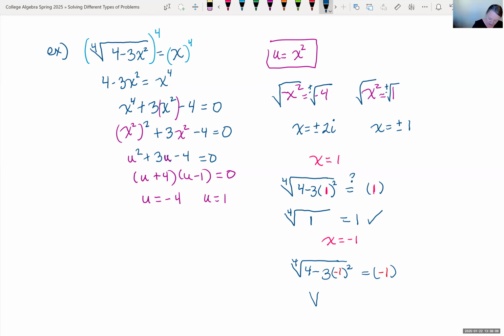I have the fourth root of 1. Is that equal to -1? And it is not. So we only have one real solution, and that was when x was 1.